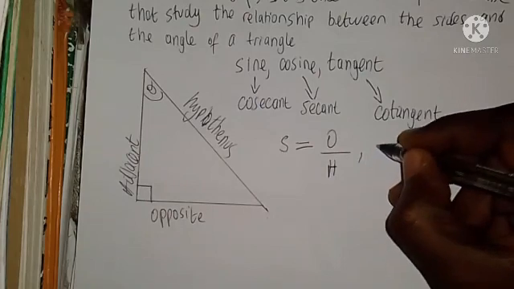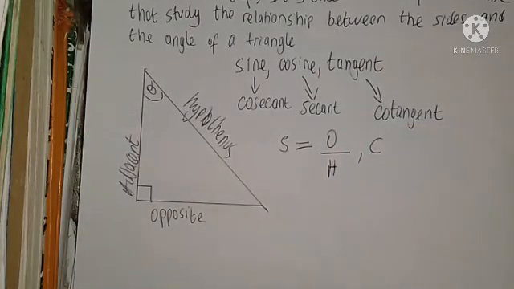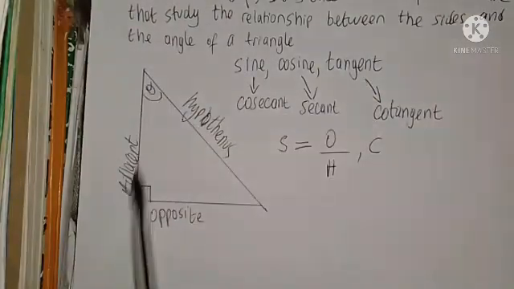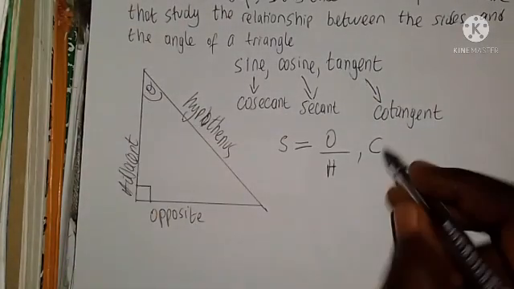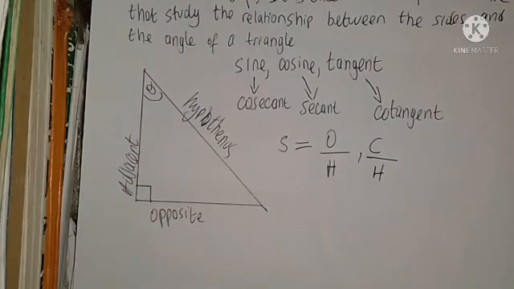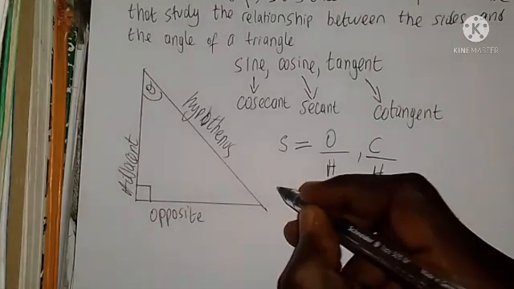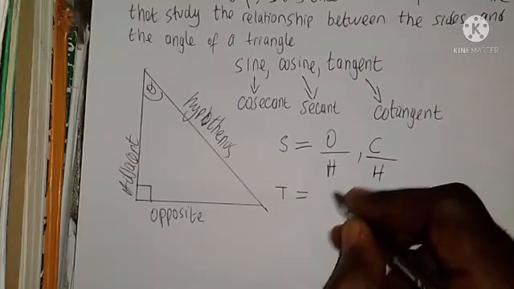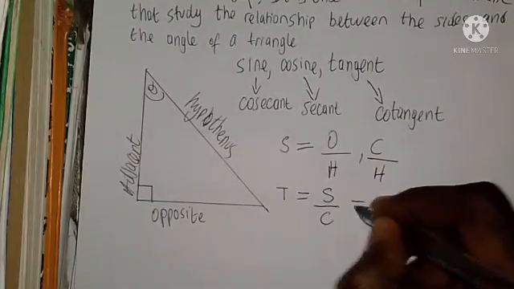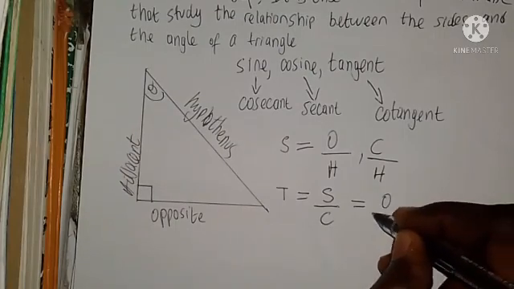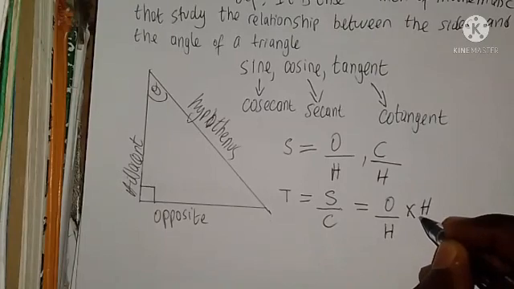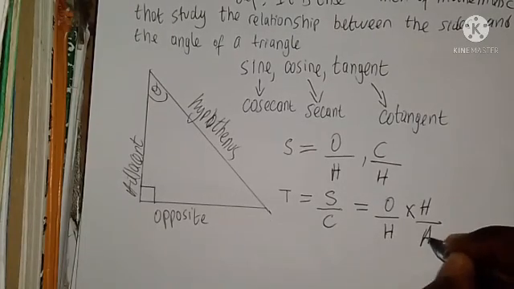This is for sine. Now, what about cos? Cos is given by the adjacent side, which is the side closer to this angle theta, divided by the longest side, the hypotenuse. And tangent, which you can abbreviate as t, is given by sine divided by cos, and this is equal to opposite divided by hypotenuse times hypotenuse divided by adjacent.